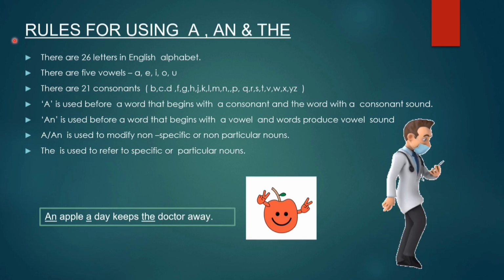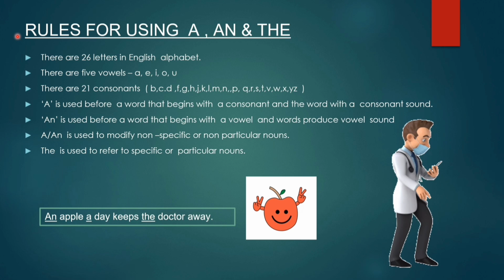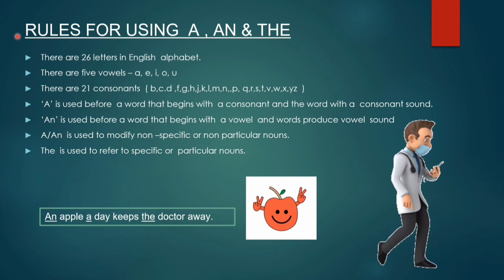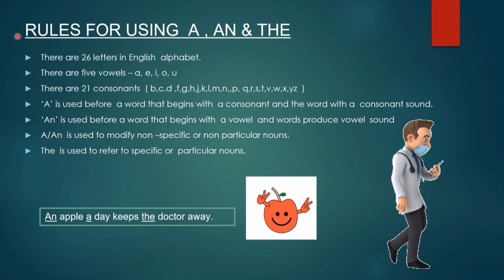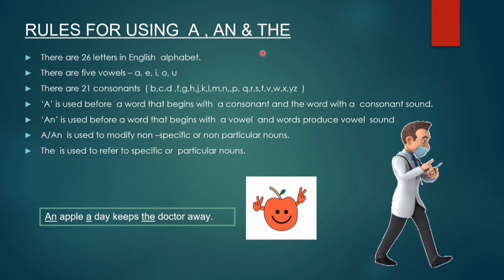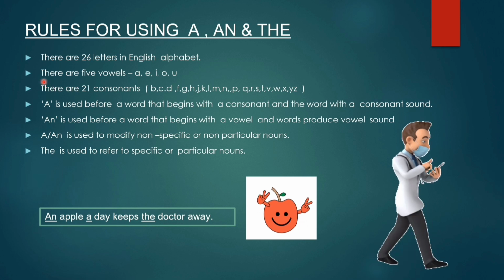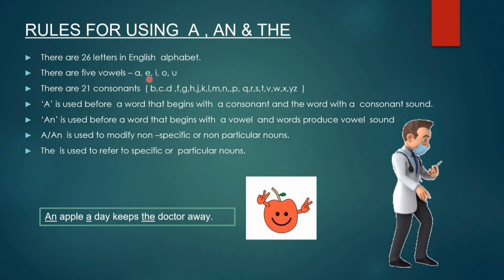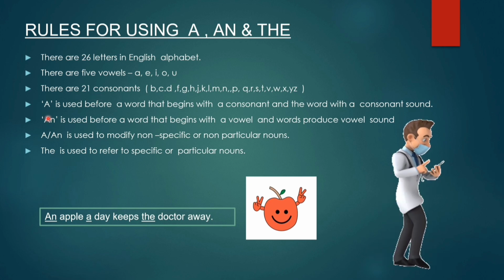Using articles can sometimes be a bit tricky, but it is important to understand where and how to use indefinite and definite articles. Here are some guidelines for using a and an. There are 26 letters in the English alphabet. There are 5 vowels: a, e, i, o, u. There are 21 consonants.